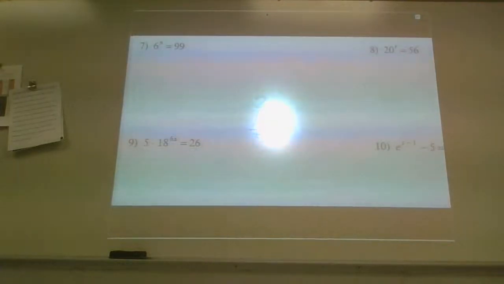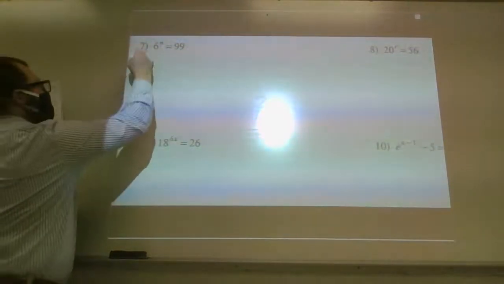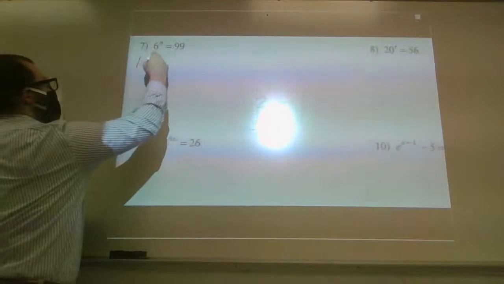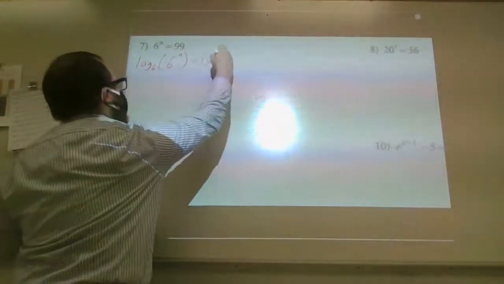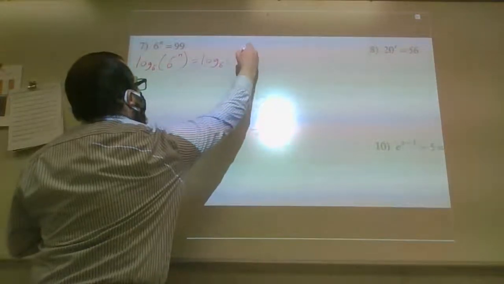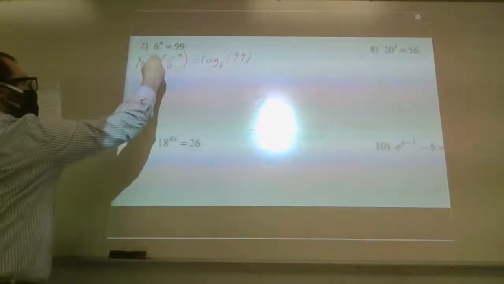All right. Let's just see where this takes us. Even if you don't have the ability or know-how to calculate the logarithm at the moment, that is okay. You could still get to that point where you can get that variable by itself. One way of handling number 7 is by taking log base 6 of both sides of the problem.